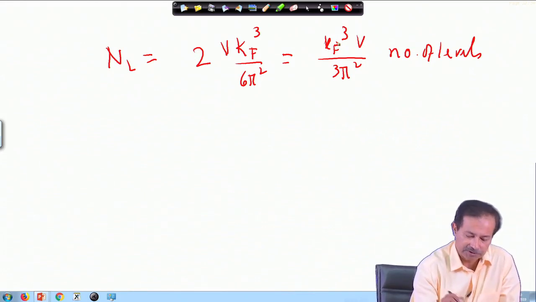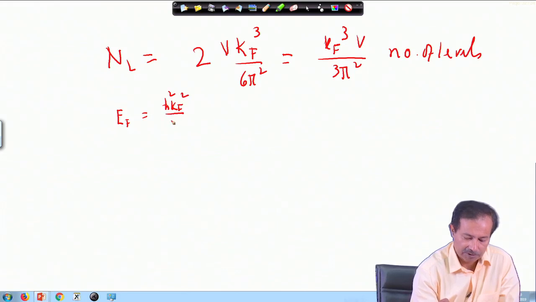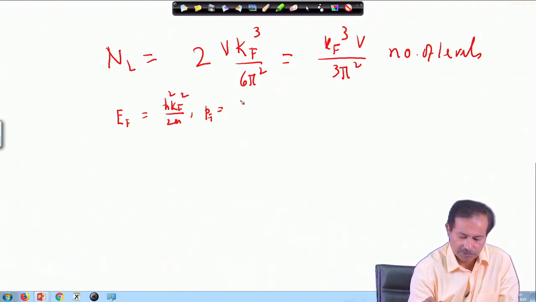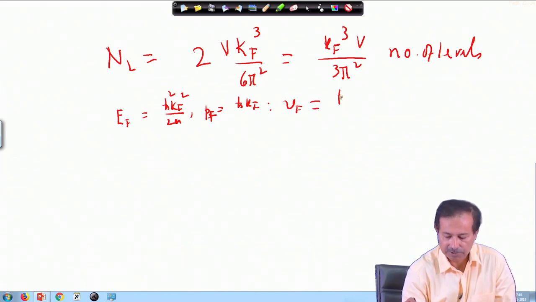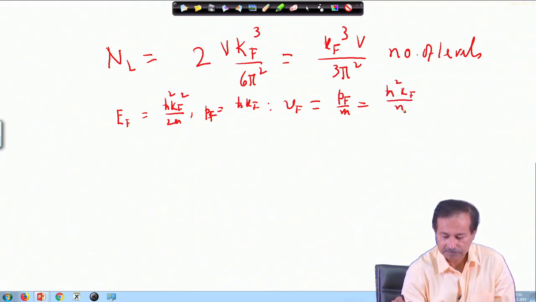So, correspondingly this E f is h cross square k f square by twice m, p f equal to h cross k f, then the Fermi velocity v f is equal to p f by m, which is h cross k f by m.